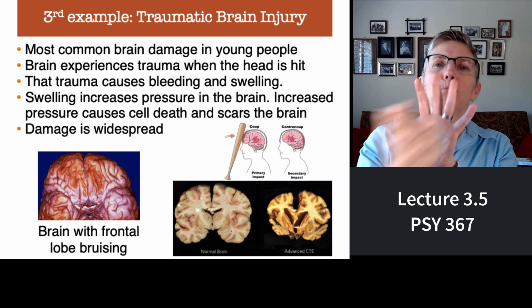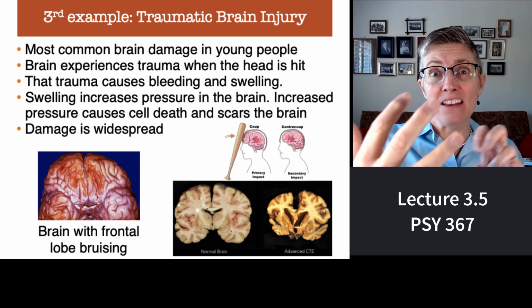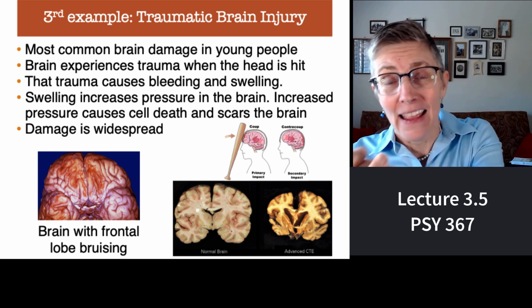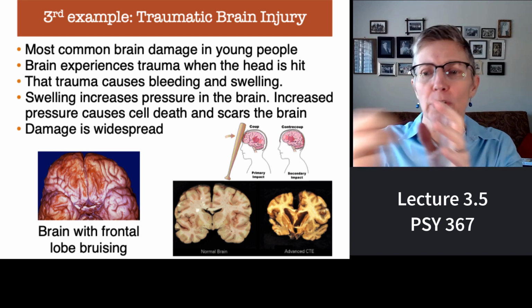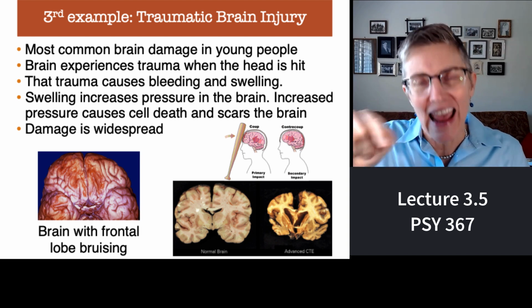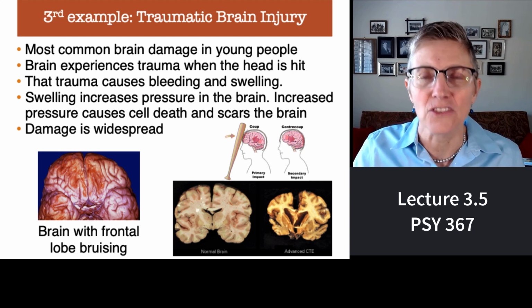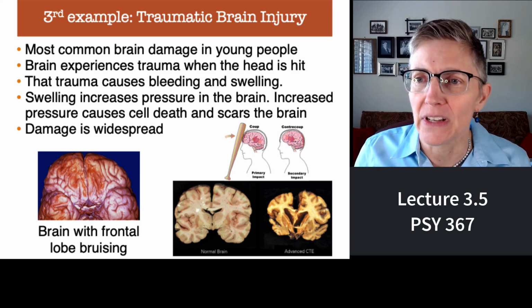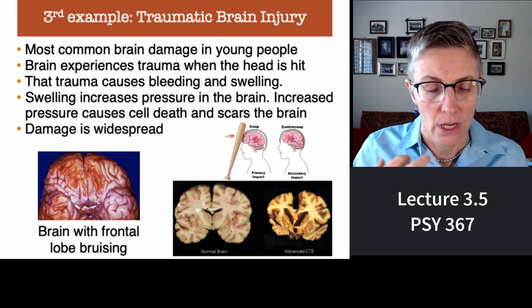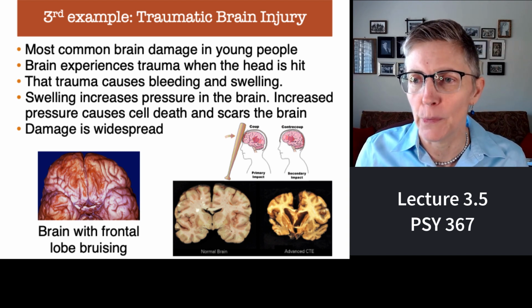The force of it pushes my brain back against the back of my skull, and then my brain bounces back and hits the front of the skull. So if you put an egg in a glass and shook it, the egg would be damaged on all sides. That's what happens when your brain experiences a major force against it. The damage is very widespread.